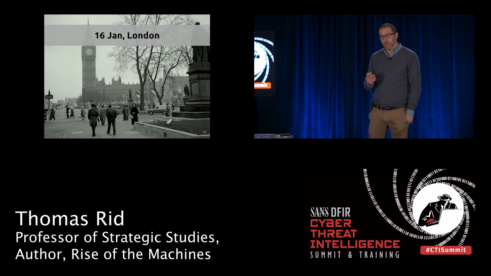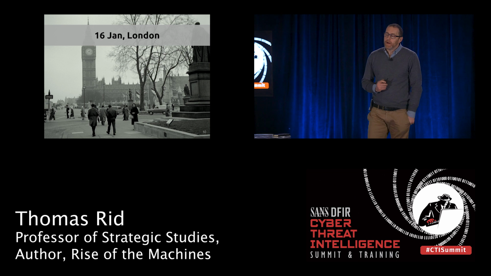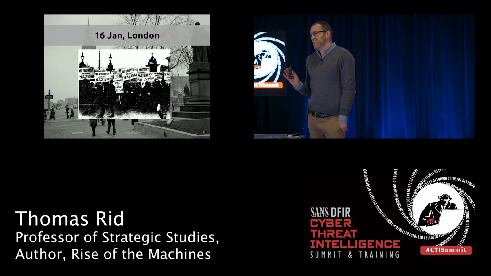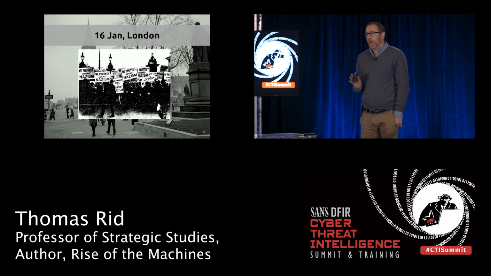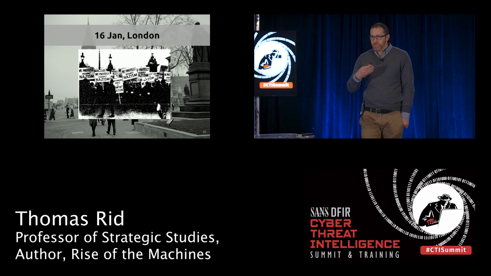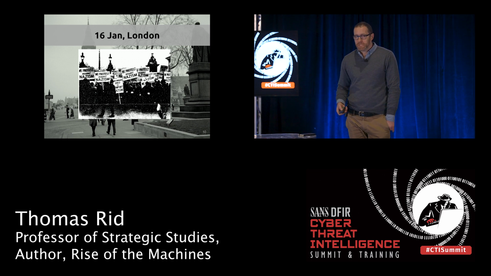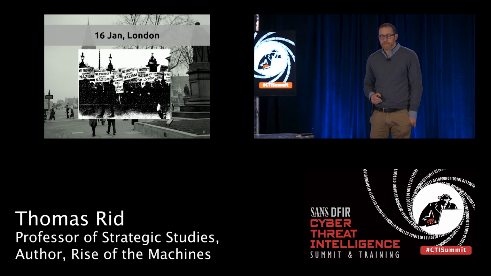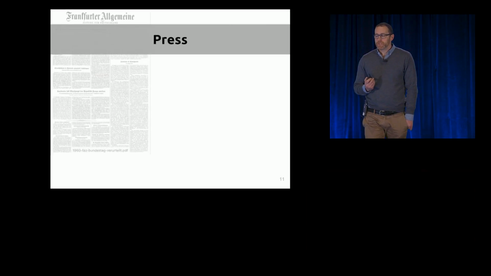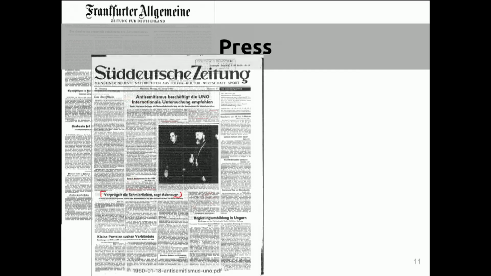A week later, actually, demonstrations in London, huge demonstrations, 50,000 people taking to the streets in London, marching on the German embassy, and you have this rise of anti-German sentiment in the UK, in the US.